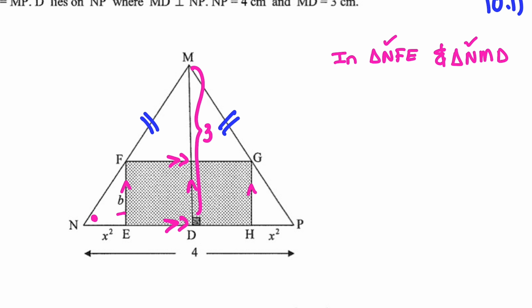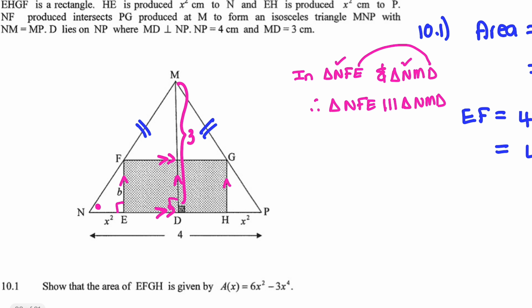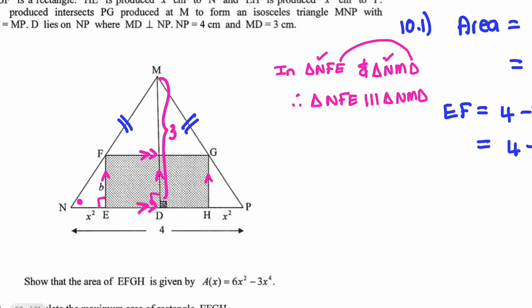Angle E would be equal to angle D, so that is 90 degrees. So I can group E with D, and angle F would be equal to angle M, our third angle. So therefore we can say that triangle NFE is similar to triangle NMD.